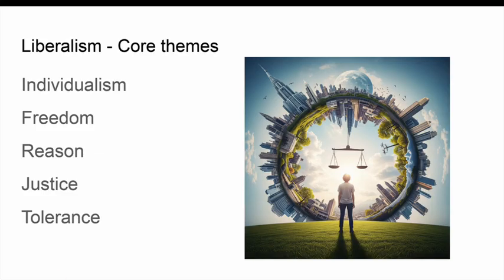So, as you read about for this week, there are different versions of liberalism. There's the classic variety, the modern variety, and liberal democracy, but liberalism in all of its varieties has some core underlying themes, which are individualism, freedom, reason, justice, and tolerance.